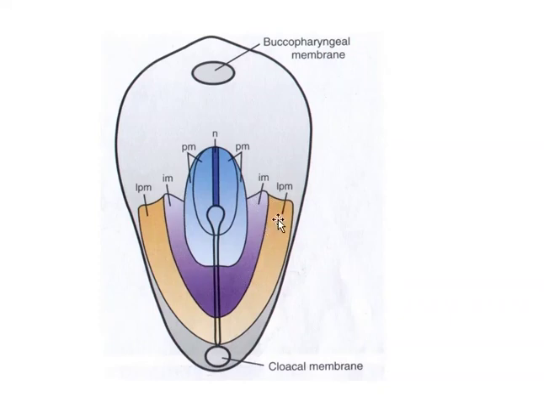And lateral to intermediate mesoderm we have the lateral plate mesoderm. Paraxial mesoderm, intermediate mesoderm, and lateral plate mesoderm. Here we have the cloacal membrane and buccopharyngeal membrane. Head end and tail end.